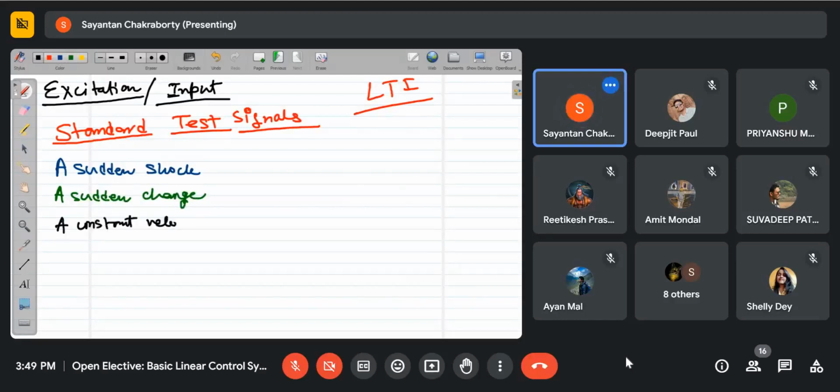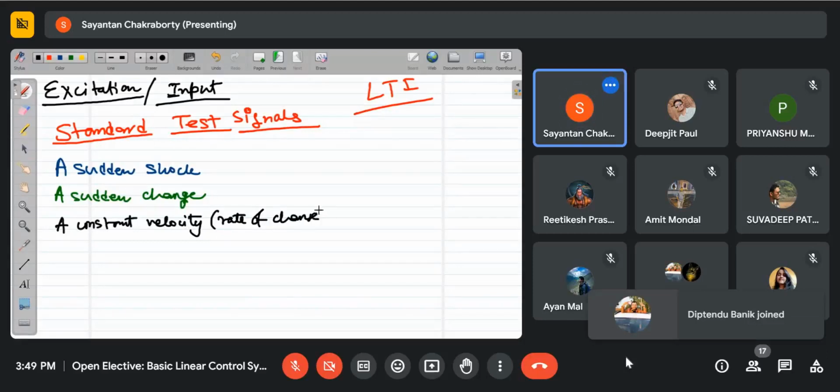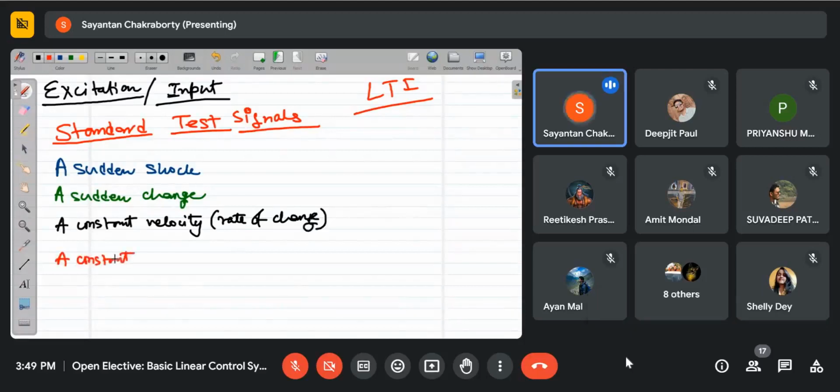A constant velocity or rate of change. A constant acceleration, rate of change of velocity.